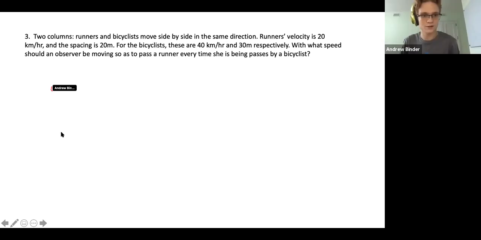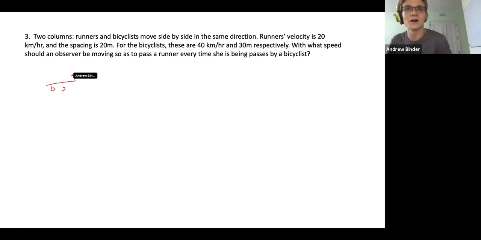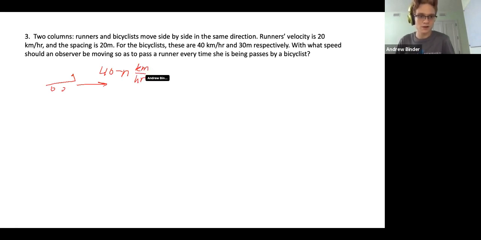So we have a car. Oh, bicycle, sorry, bicycle. That's moving at a speed 40 minus n kilometers per hour. And we have runners who are moving at n minus 20 kilometers per hour.